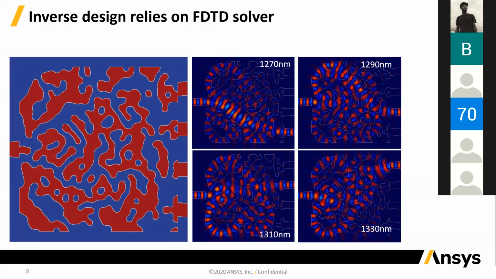The name inverse design implies that it's not a conventional design process. When you design something, you start by figuring out the physics of that device. You figure out what the geometry should be from theory. You do a lot of calculations and figure out a particular base design. You run simulations, see if that's working.